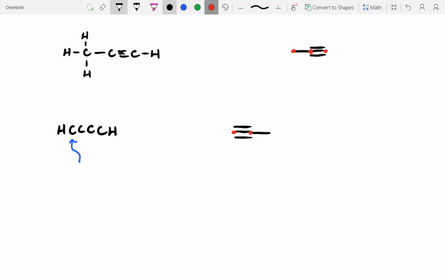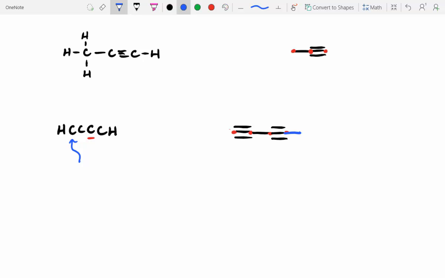Okay, so now we've got this third carbon right there. And that third carbon's attached to the fourth carbon through what sort of bond? Another triple bond, right? So if we think about this, we've got all 4 of our carbons, which I can show with these red dots. Oftentimes what I see students do too is they start thinking about that hydrogen and they extend this line out a little bit.